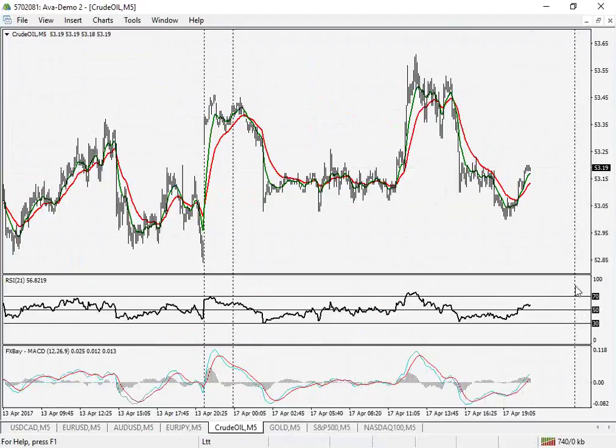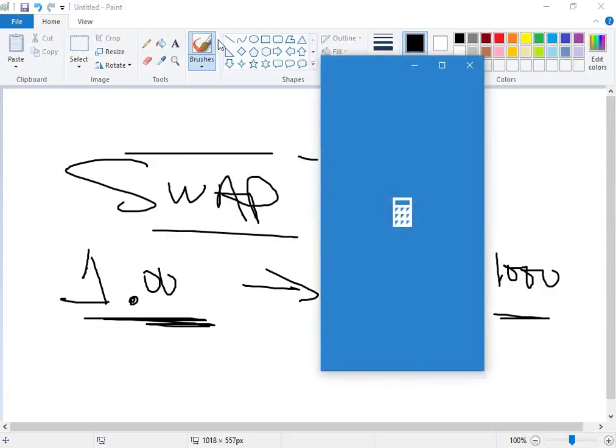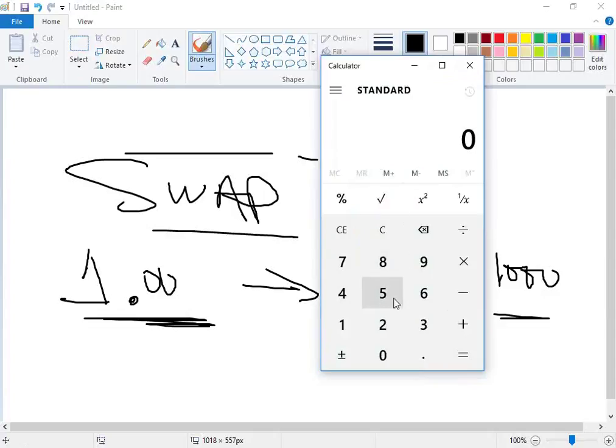Or if it goes down by a full point, to $52.19, that reflects $1,000 on a standard contract. So now the swap rate says 1.5%. Whether you're a buyer or a seller, it doesn't matter. So how do we calculate that? Well, we're going to go over to our calculator. We're going to pull up oil. It's at $53.19 a barrel.